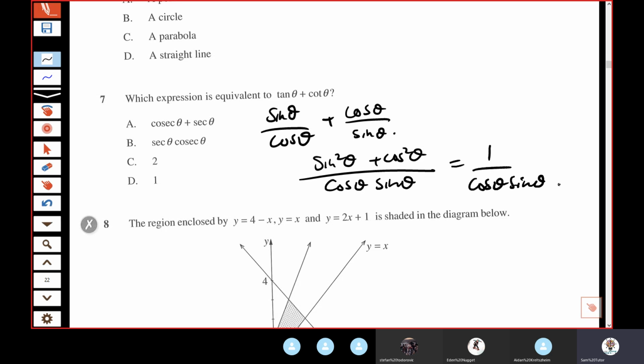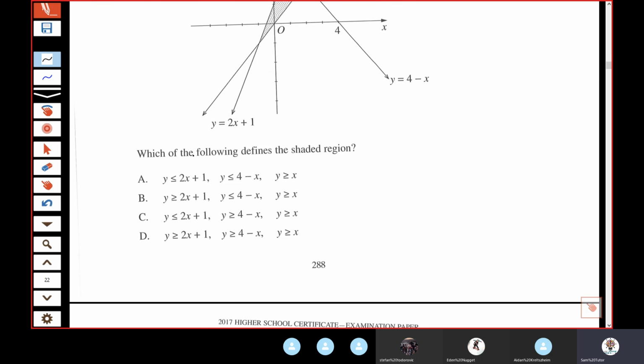The answer is B. 1 on cos is sec, 1 on sine is cosec. Any questions? Okay.